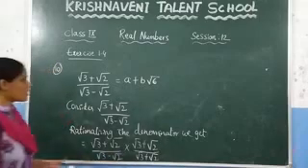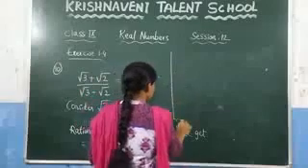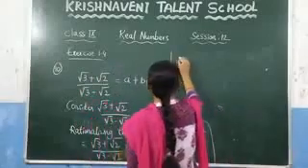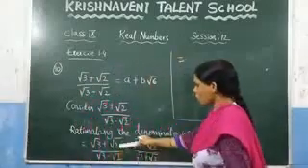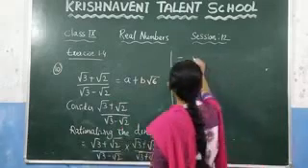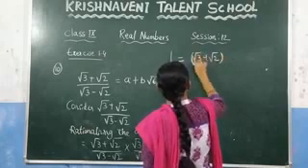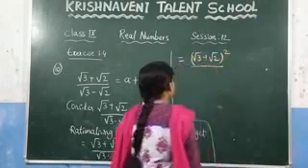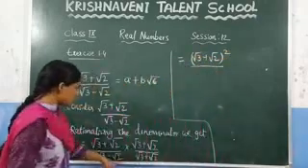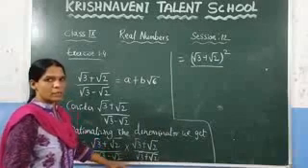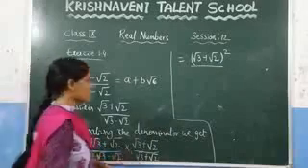Now see here, what is the next step? What we got here is in the form of a plus b into a plus b. So you can write it as a plus b whole square, and in the denominator it is in the form of a minus b into a plus b. You know that a minus b into a plus b is nothing but a square minus b square.